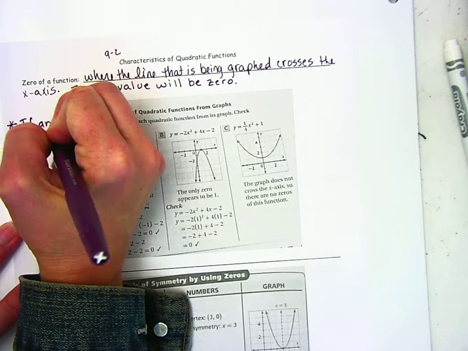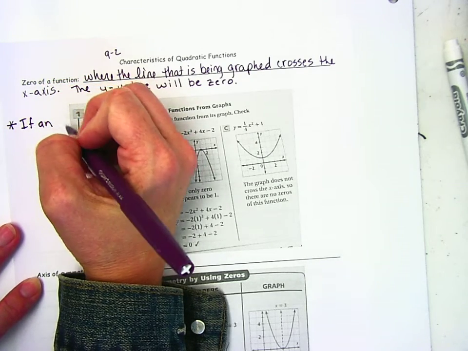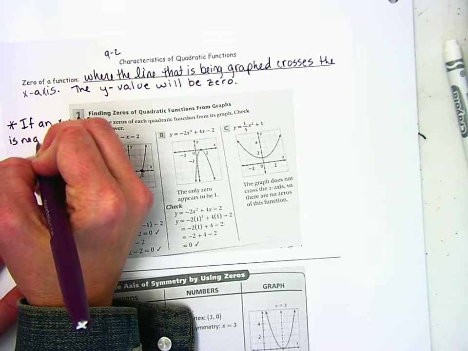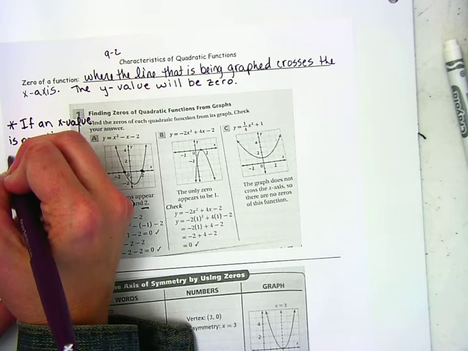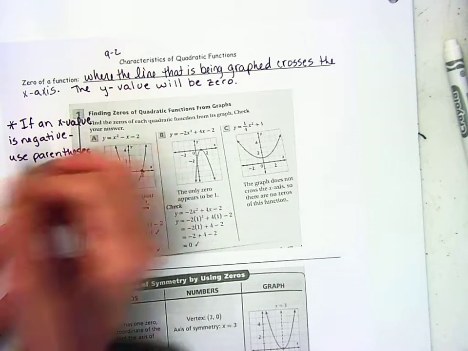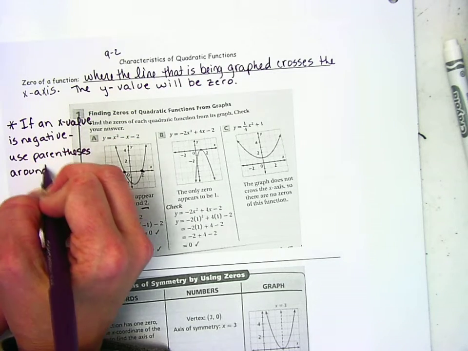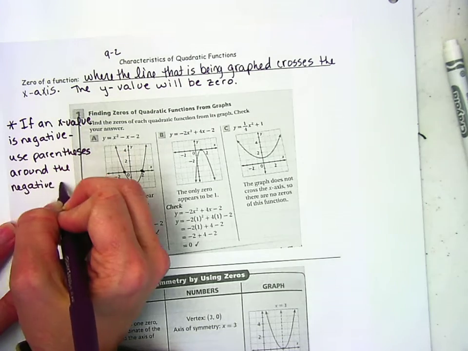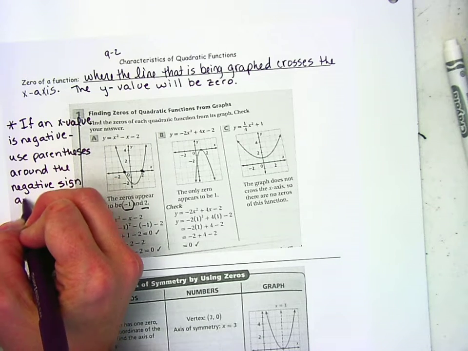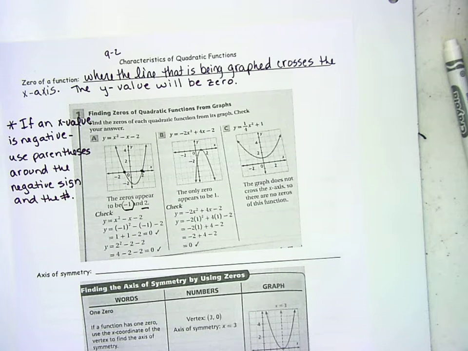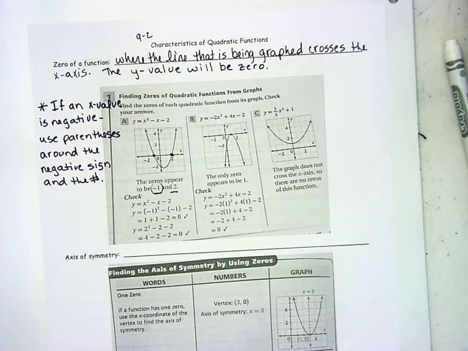If an x value is negative, you want parentheses around the negative sign and the number.